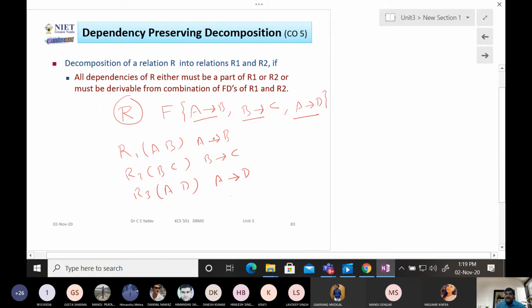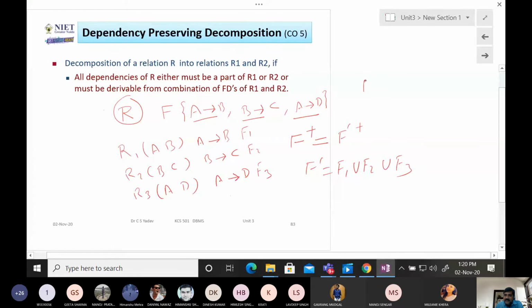But sometimes by seeing you can't find out whether dependencies are preserved or not. Through a logically inferred FD, that FD may be preserved. So the definition: this is F1, this is F2, and this is F3. Then the condition is closure of F should be equal to closure of F dash, and F dash is the union of F1, F2, F3.